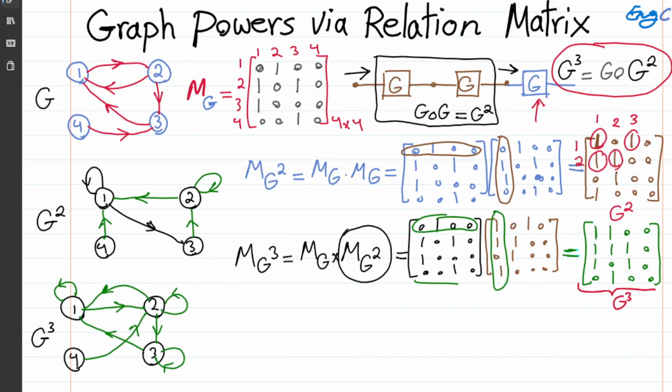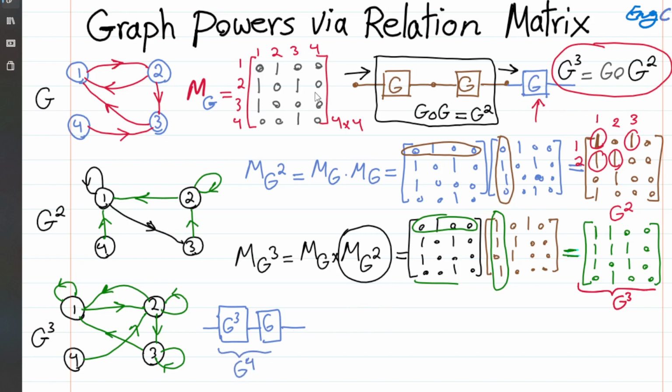I'm going to draw it. I need to have another G in cascade with G cubed that is shown above. If I do this, this becomes my G to the power 4.